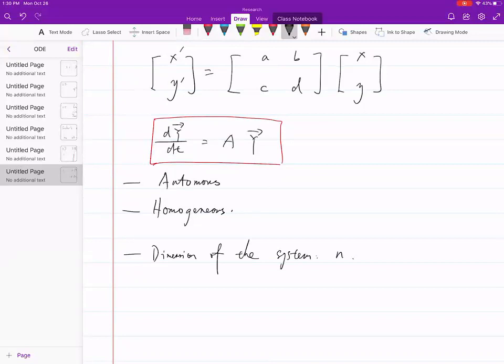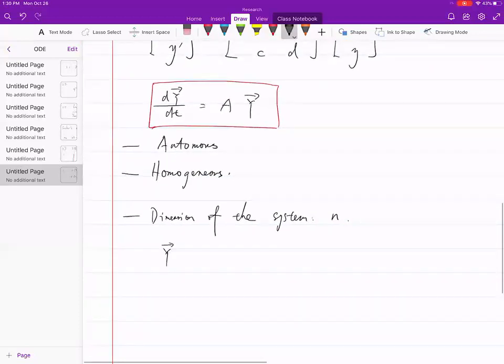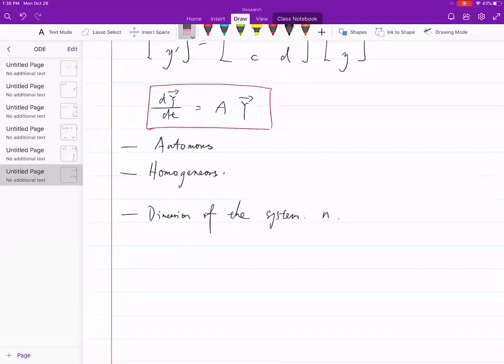It basically represents the length of the vector y. Let's say dimension of y. This is going to be n by 1. Okay. This A is always going to be n by n.